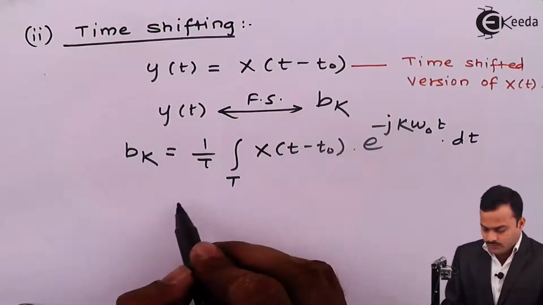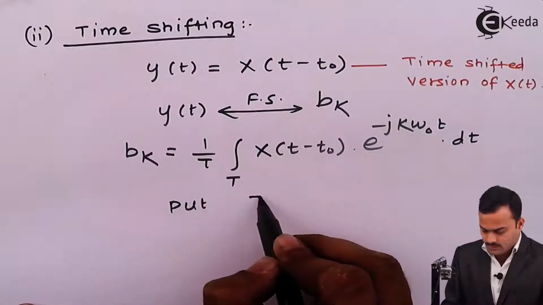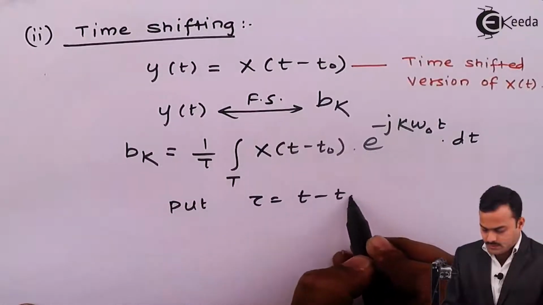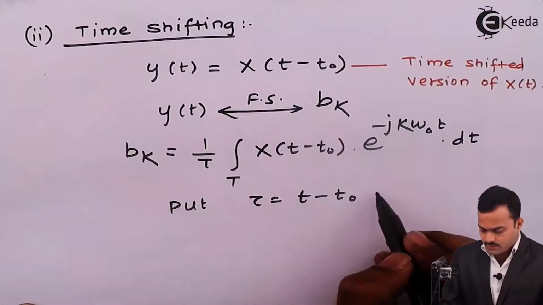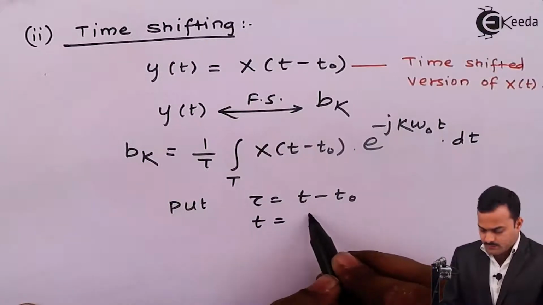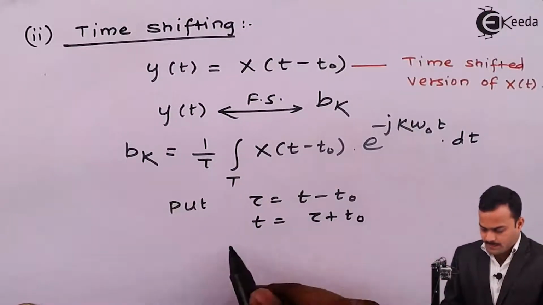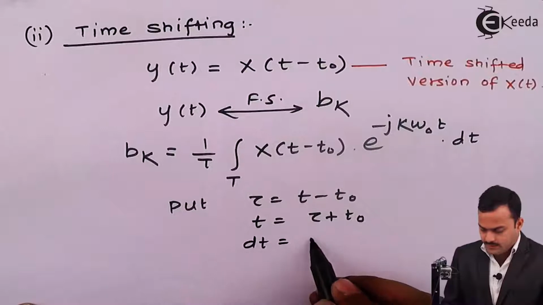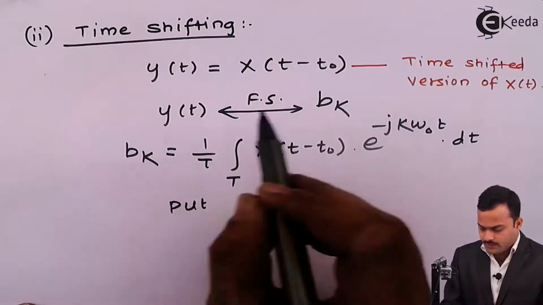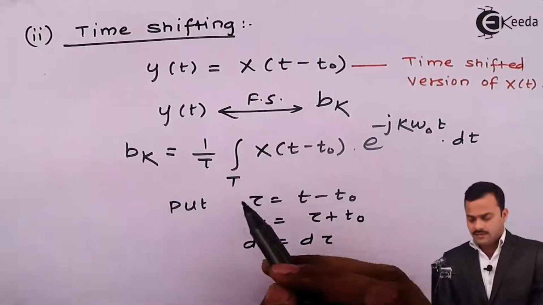So what we'll do, we'll put tau as t minus t0 so that t becomes tau plus t0 and dt will be d tau, and there won't be any effect on these limits.